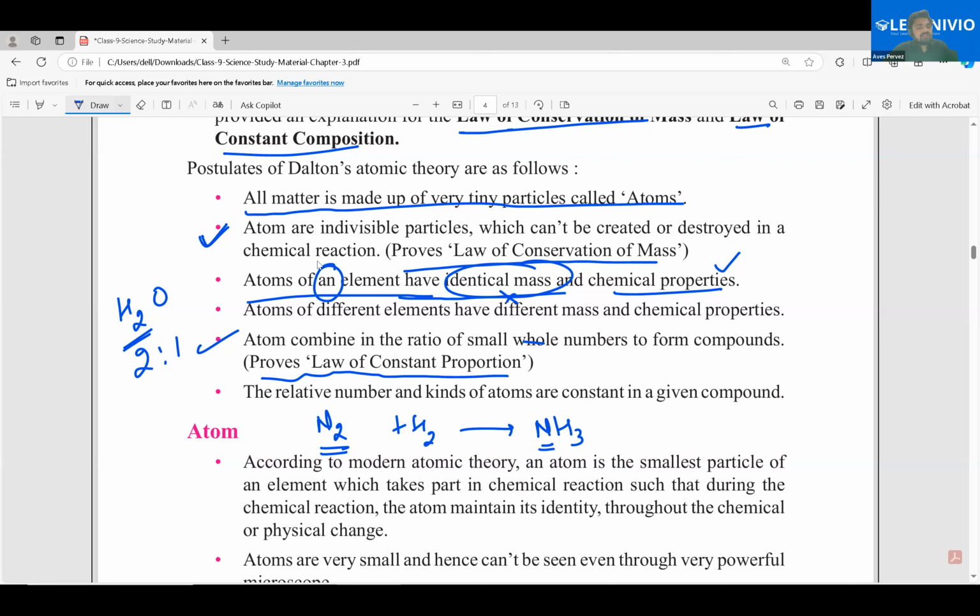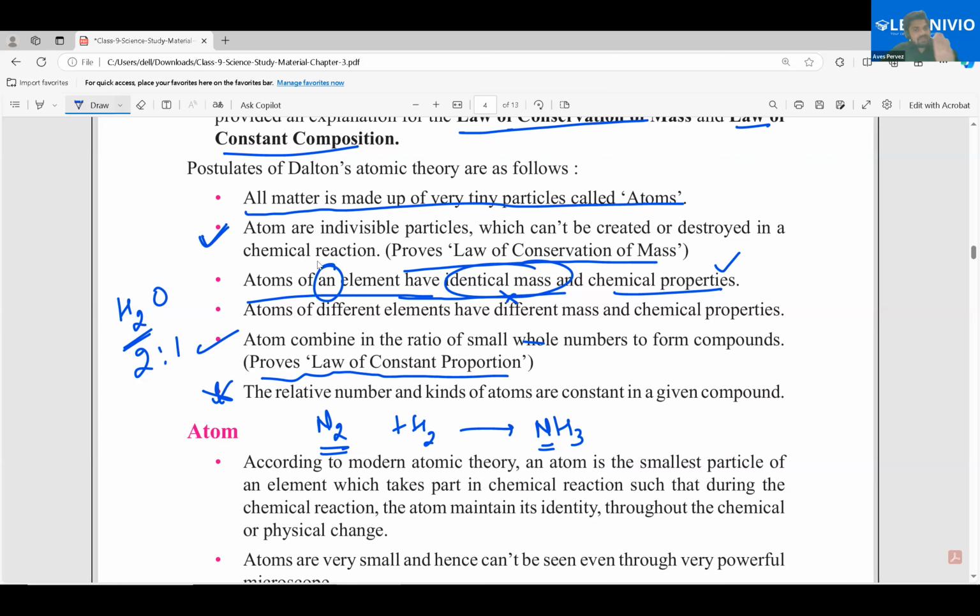And this also, that the relative numbers and kinds of atoms are constant in a compound, this also proved the law of definite proportion. The relative number and kinds of atoms in a compound is constant. For example, if water is made up of 2 hydrogen and 1 oxygen, it must have 2 hydrogen and 1 oxygen.